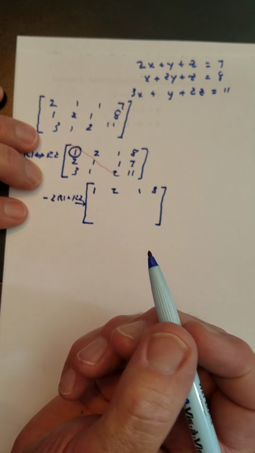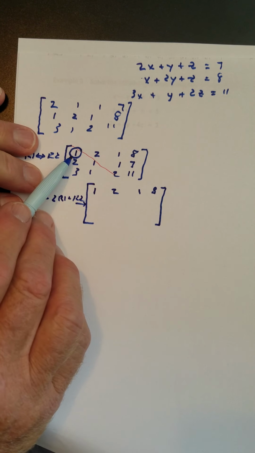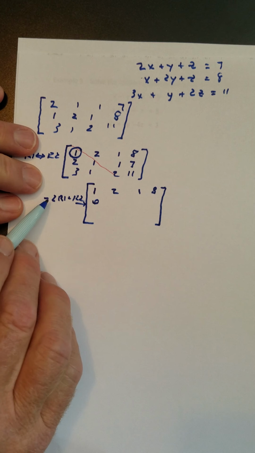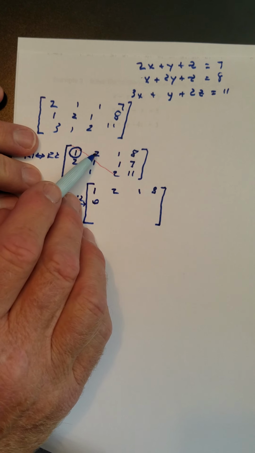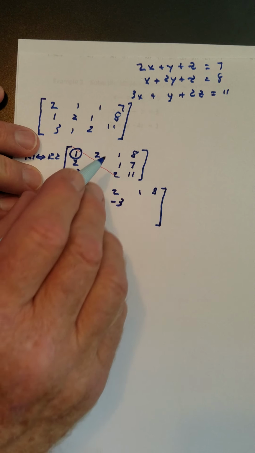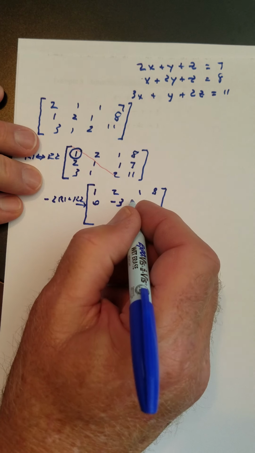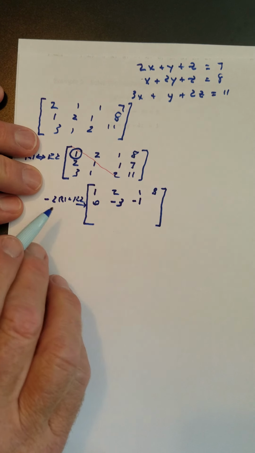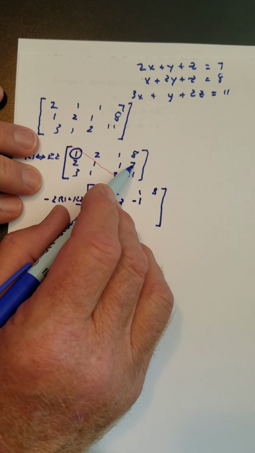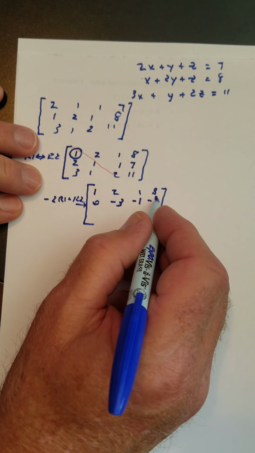Put my answers there. So -2 times 1 is -2 plus +2 is 0. We knew that. -2 times 2 is -4. -4 plus 1 is -3. -2 times 1 is -2 plus +1 is -1. -2 times 8 is -16 plus 7 is -9.